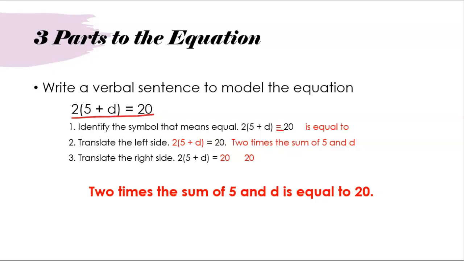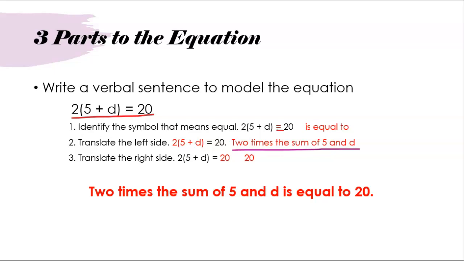Then we translate the left side, 2 parentheses 5 plus d. That means 2 times the sum of 5 and d. So we write that in words here. And then equals 20.